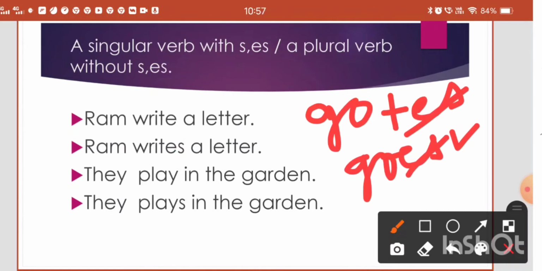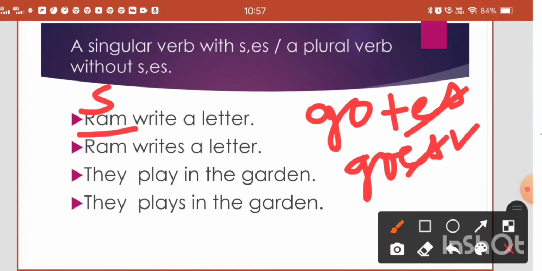Ram write a letter. Now you have to identify which sentence shows agreement between the verb and the subject and which sentence does not show the agreement between the verb and the subject. The first sentence, Ram write a letter. Let's decide, is there any agreement between the verb and the subject? What is the subject? Ram.